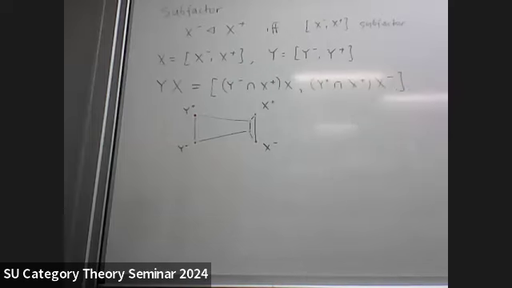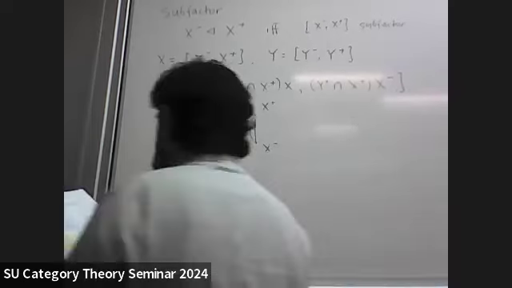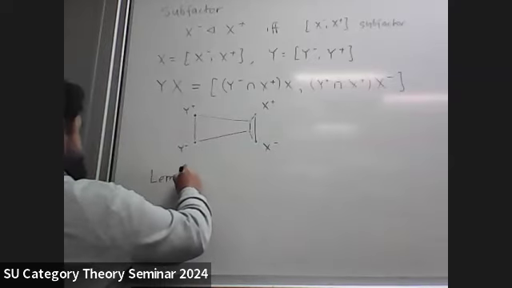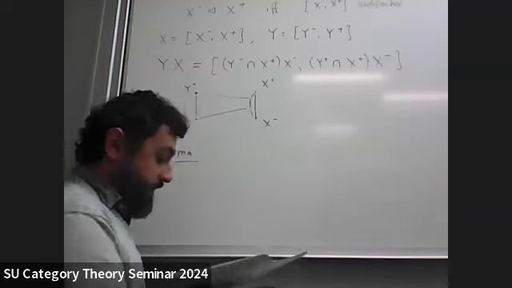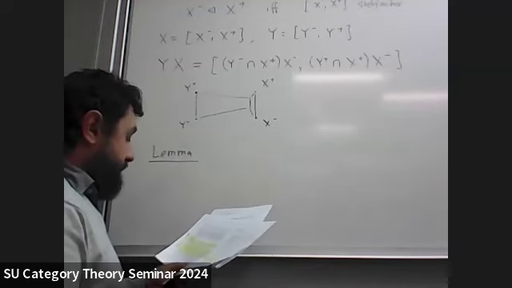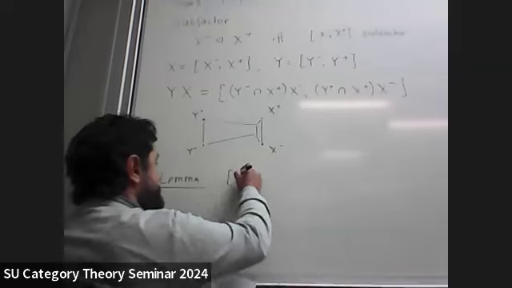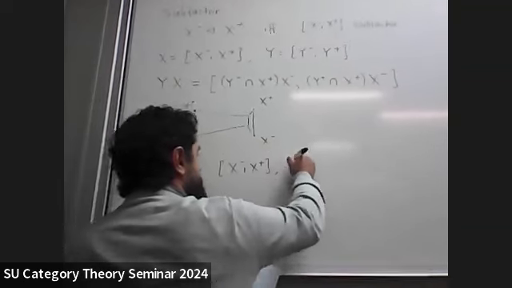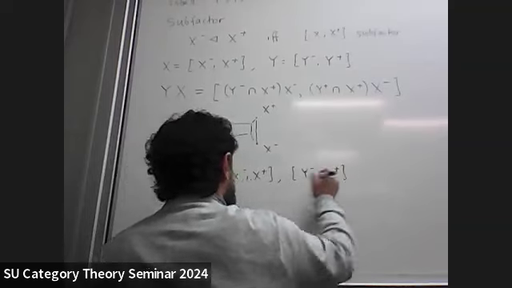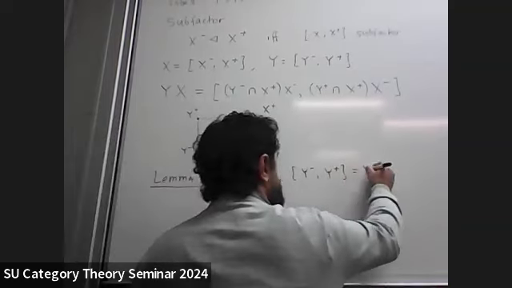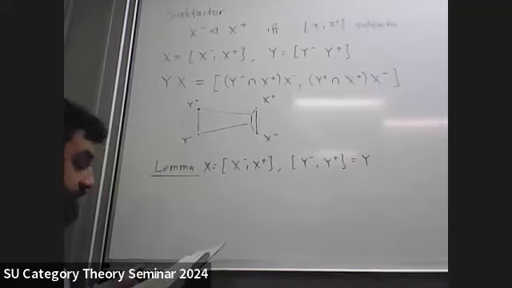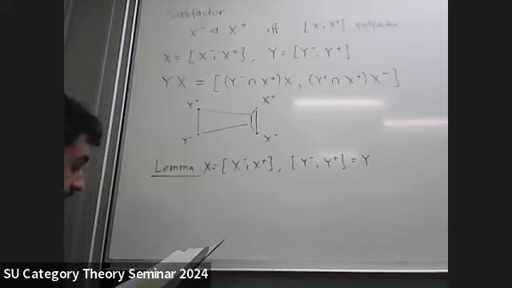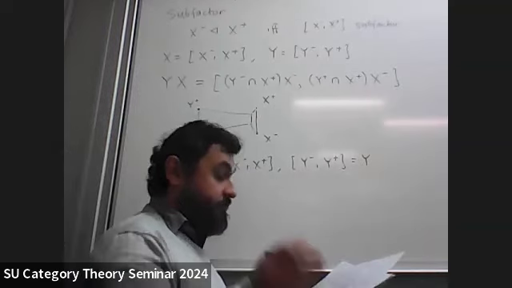Okay, so after that, Isbell proves the following lemma, which is the main observation from which all others that he makes follow. That if we begin with two subfactors, so given two subfactors, X minus, X plus and Y minus, Y plus, which we call X and Y. If I project Y in X and I project X in Y, then these two things will project onto each other.